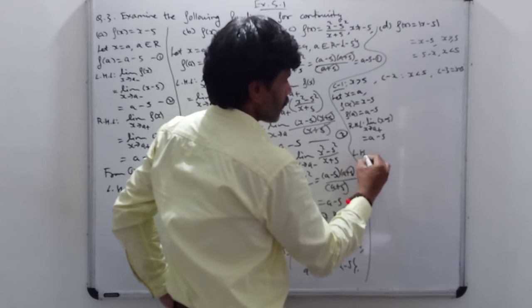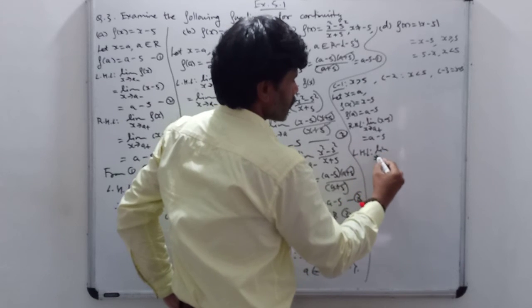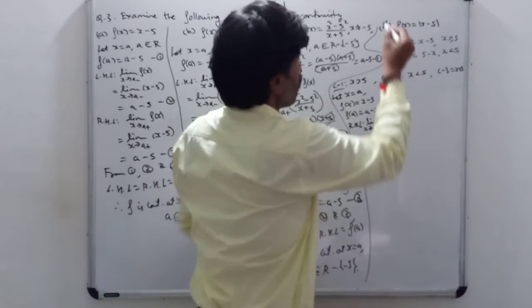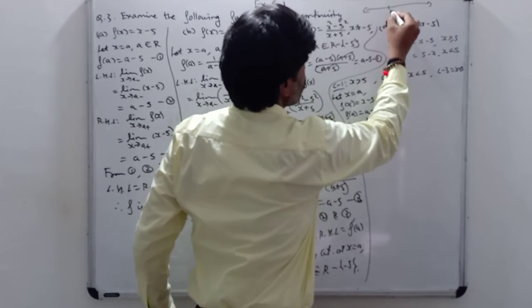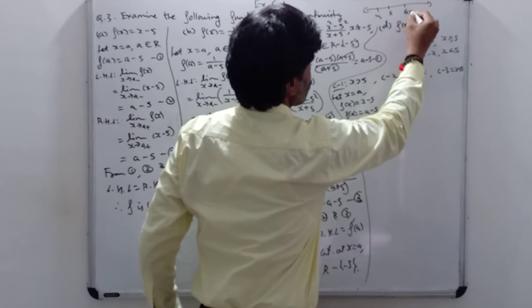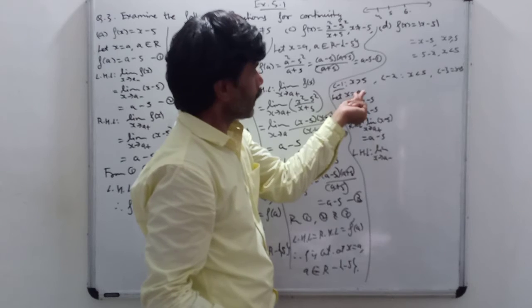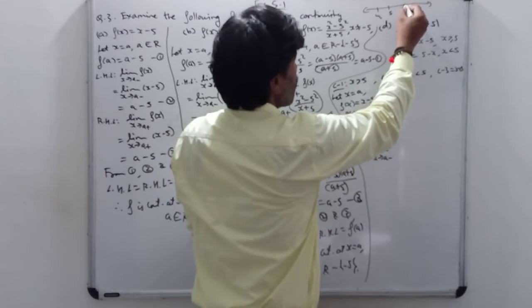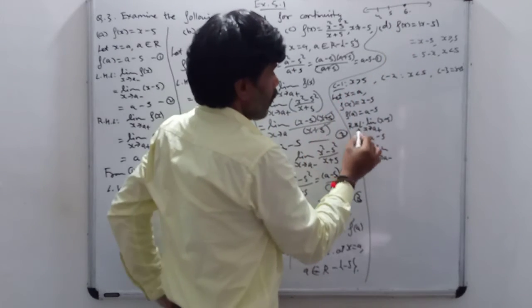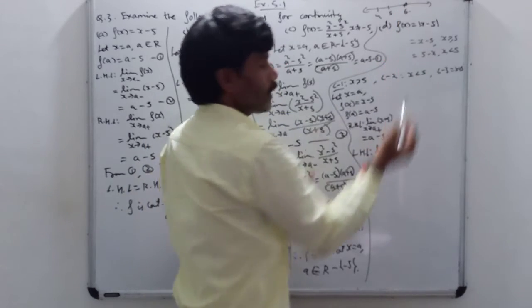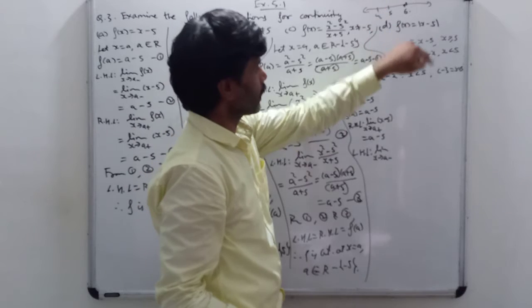Same way you take LHL, limit x tends to a minus. In mind you have to remember, suppose there it is 5, 4 and 6. So x is greater than 5. I am thinking in my mind that a is 6. So when a is 6, 6 plus means 6.01, definitely greater than 5.